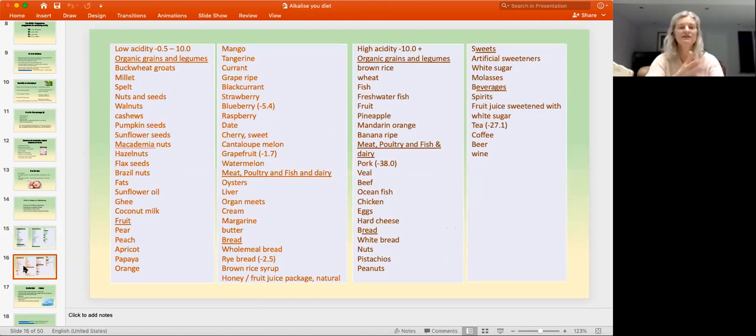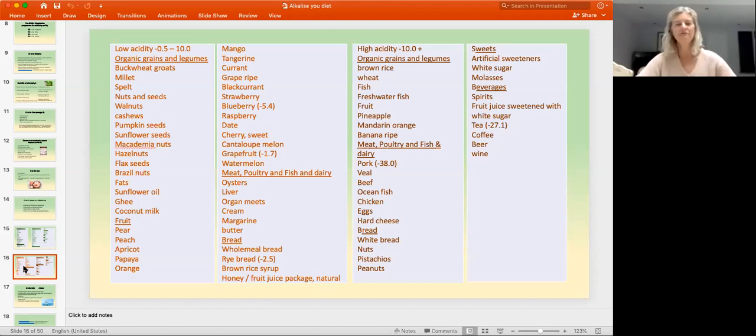And then we'll move on to the acidic list. So you can see low acidity here. You can see a lot of the fruit falls in there. So I'm not saying don't have any of it, just saying have it in moderation. Obviously, there are times in our life where it's better not to have things that are too much sugar, particularly if we are suffering from cancer. We don't really want to be having sugar in our diet.